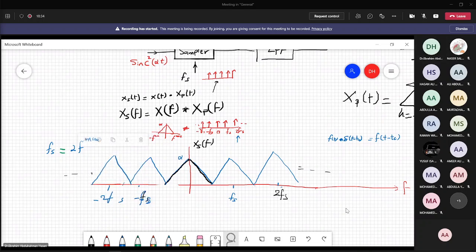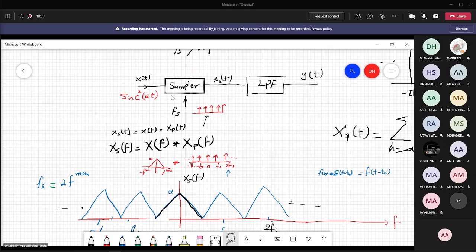Now, can I design a filter only to pass the original one, which is this? Yes, we can, a digital filter to pass only this one. But this is in fact expensive and impractical.